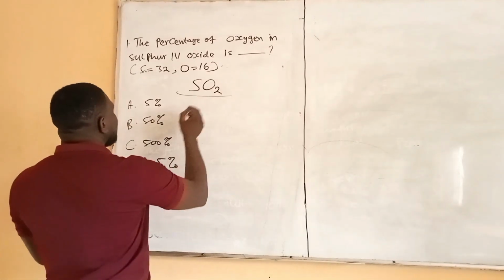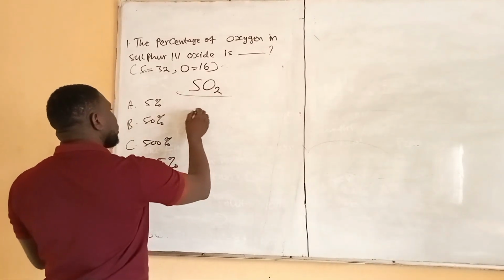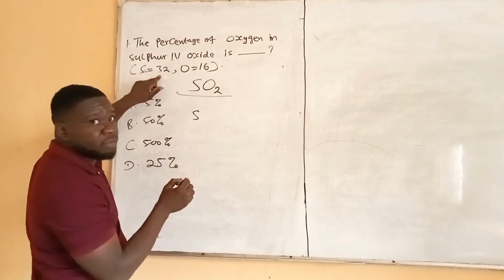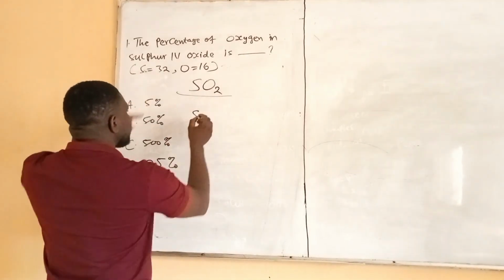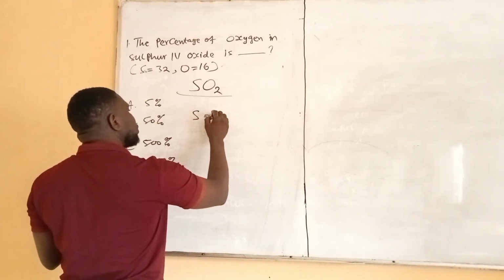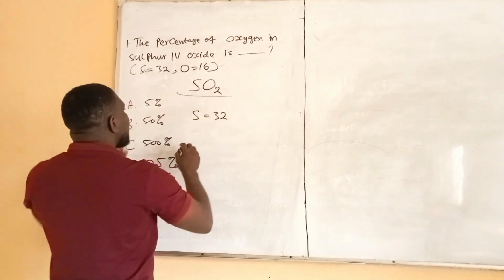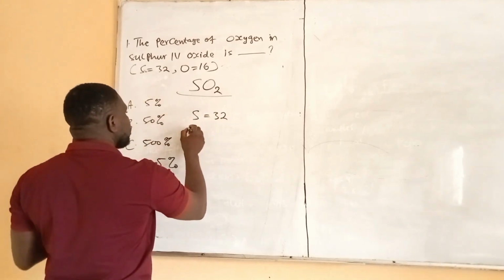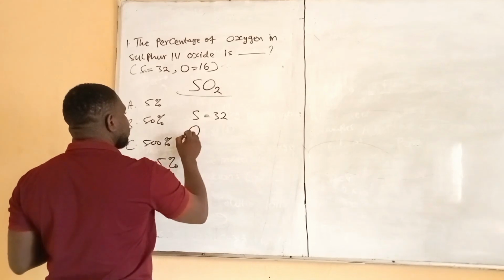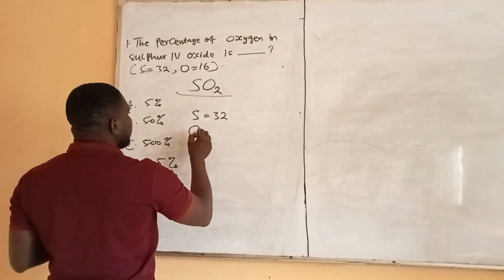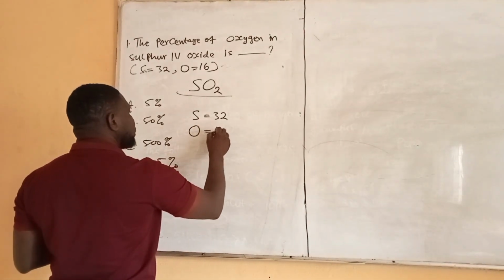So here we have one sulfur, and from the hint we are given, sulfur is 32 grams. Then we have 2 oxygen, and O is equal to 16.